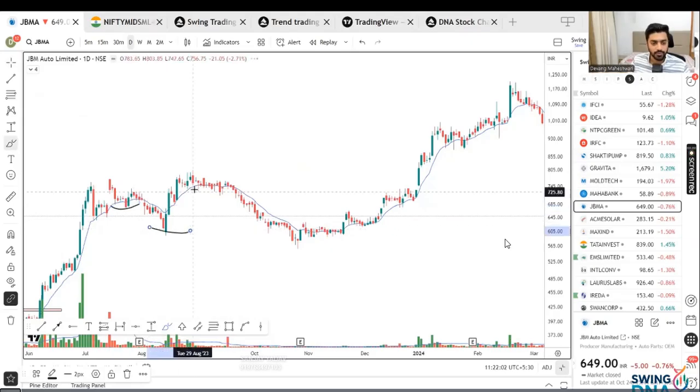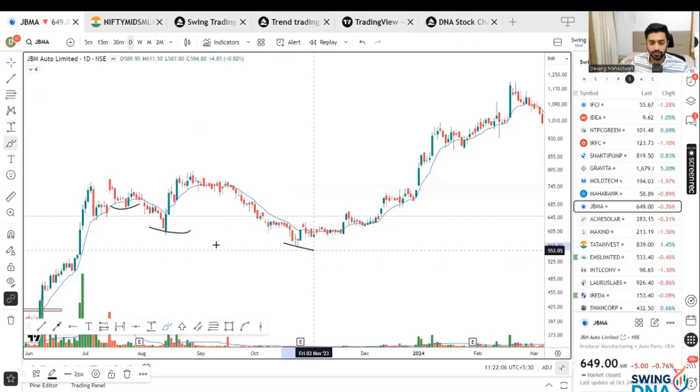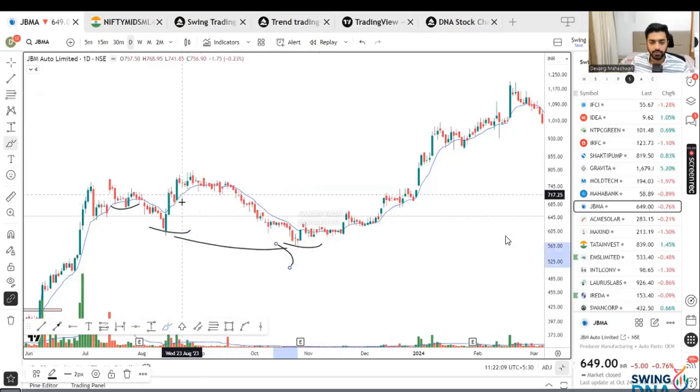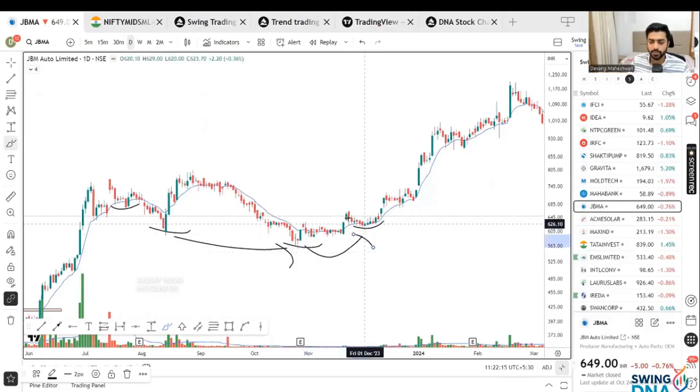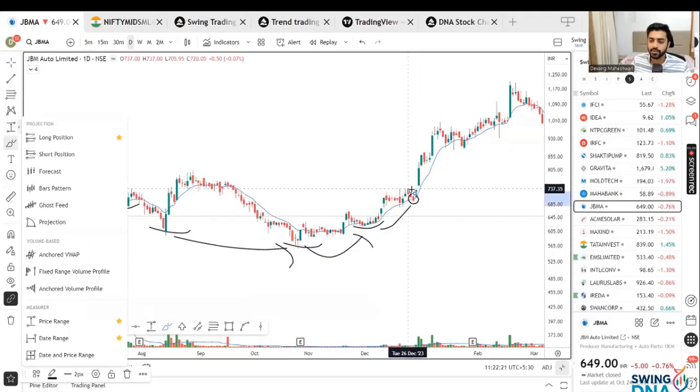This is a lower low. Here it again went down, lower low. Here the structure started correcting from this lower low to a higher low. Actually here also this candle went down, a higher low, and it then eventually picked up.